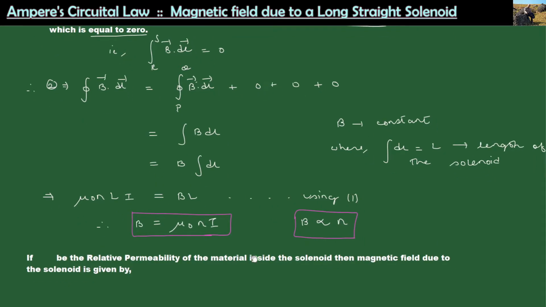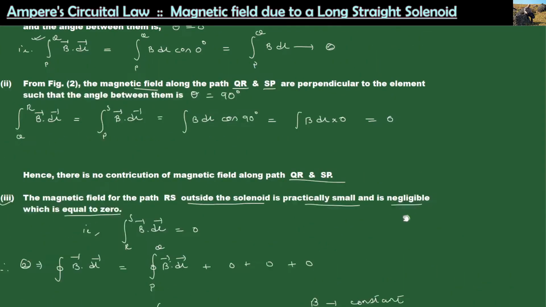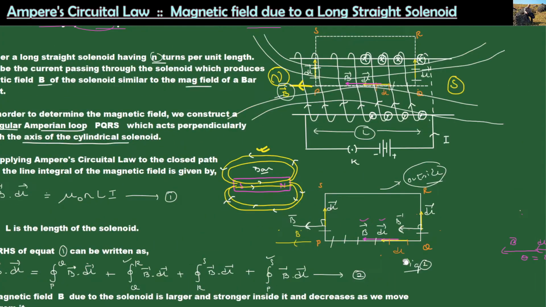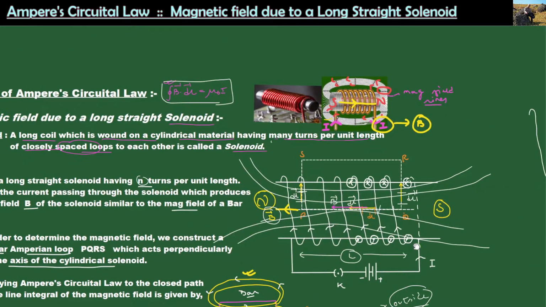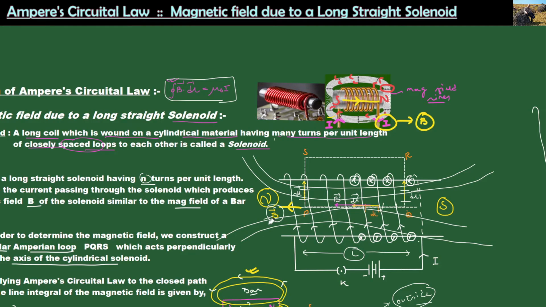Say, for instance, inside this solenoid we can also keep a material, such as soft iron. Soft iron is a ferromagnetic substance.